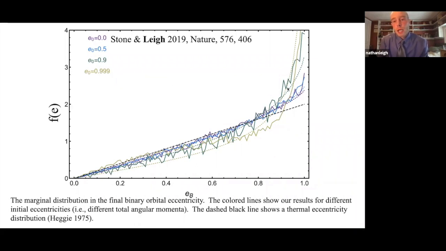For these cases, we find suprathermal eccentricity distributions. So our formalism potentially predicts more eccentric black hole binaries from the dynamical formation channel than previously predicted, which could enhance the rates of black hole binary mergers due to gravitational wave emission.